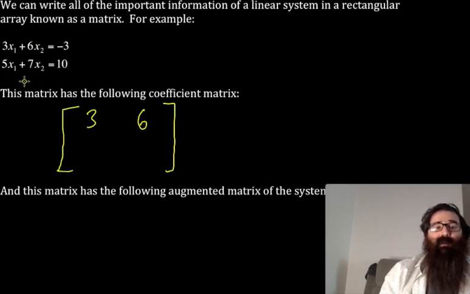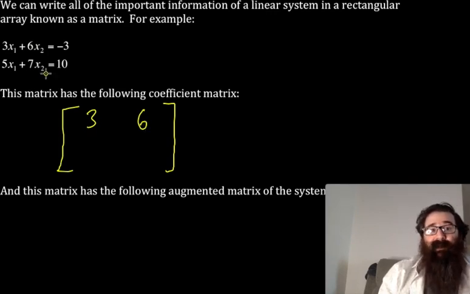And then I go to the second equation, and I want the coefficients on x1 and x2 again. If these were out of order, I'd have to make sure I'm putting them in the correct order, but they're already in the right order. So 5 times x sub 1, I write the 5. And then 7 times x sub 2, I write the 7. And this is the coefficient matrix of this system.